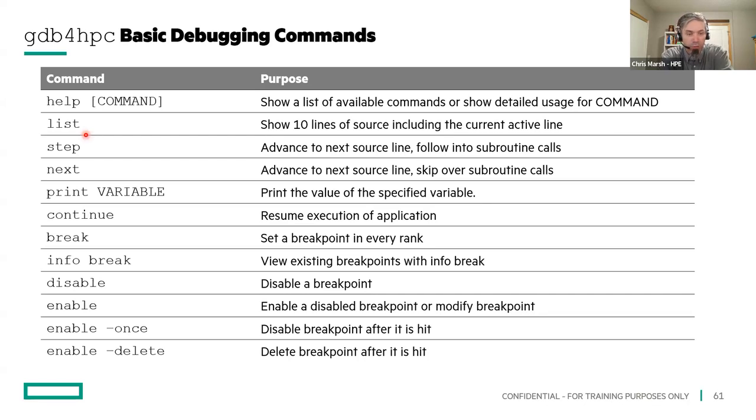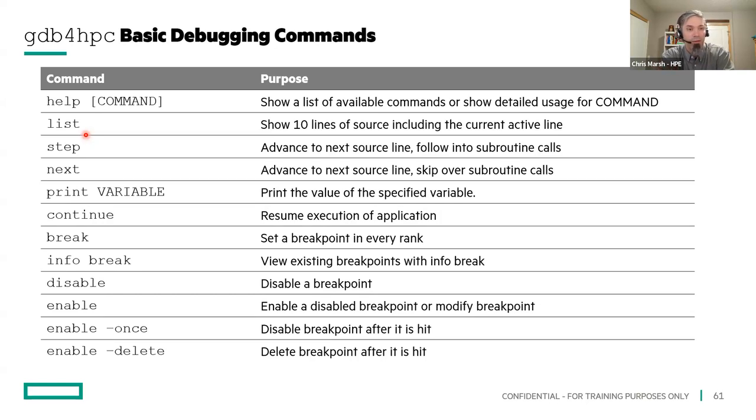Now, with a parallel program, all of your ranks might not all be at the same line of code at a given point in time. In fact, that's kind of the point of a parallel program. So if you do a list, it will print out 10 lines of code for each rank that's not in the same location, right? So you might get a lot of output, especially if you're running at a high scale.